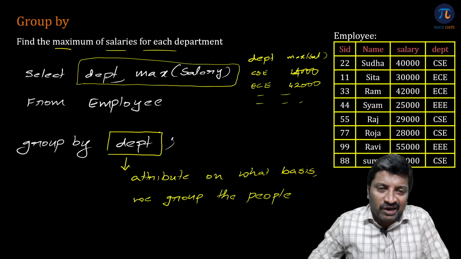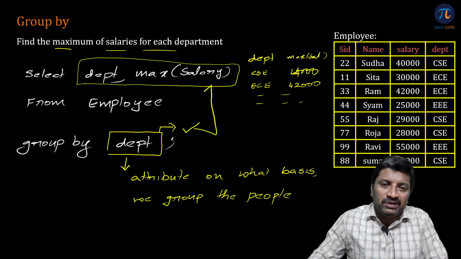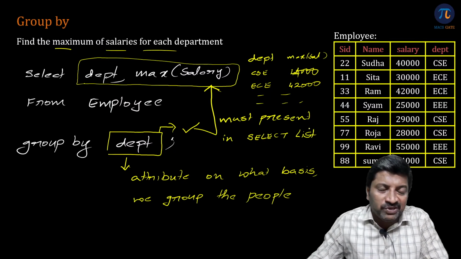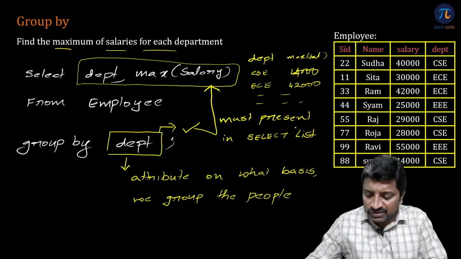Whatever attributes you are using for grouping, all these attributes must be present in the select list. So all the attributes on which basis you are grouping the records must be present in the select clause.